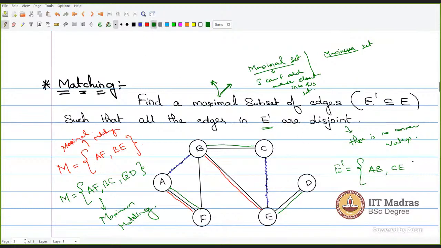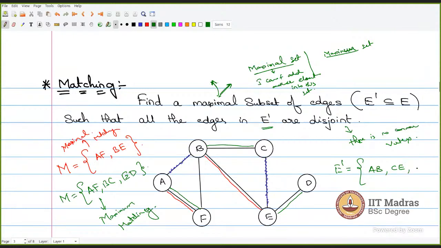Can I add one more edge so that these 3 edges will become disjoint? Disjoint means they should not share a common vertex. Is there any other edge other than AB and CE?